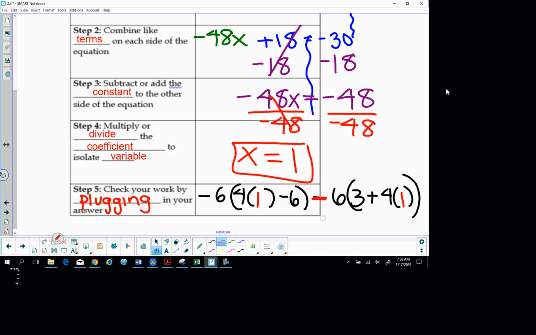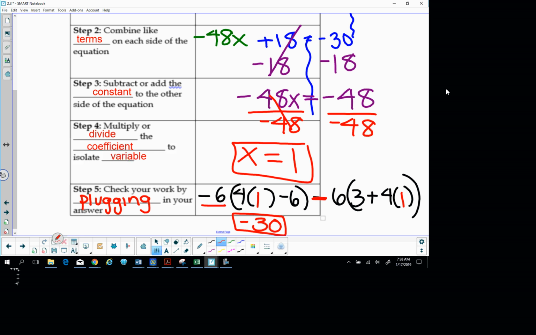Just be careful with these negatives. Make sure negative, this would be like a minus. The negatives are just if there's no number, like this is a negative. All the rest of these are minuses, which are the same thing, but your calculator can't read it like that. Did everyone get negative 30 as your answer?